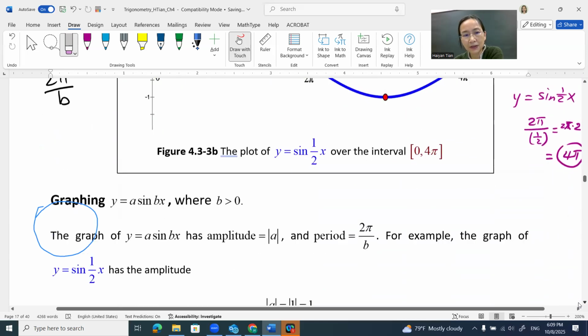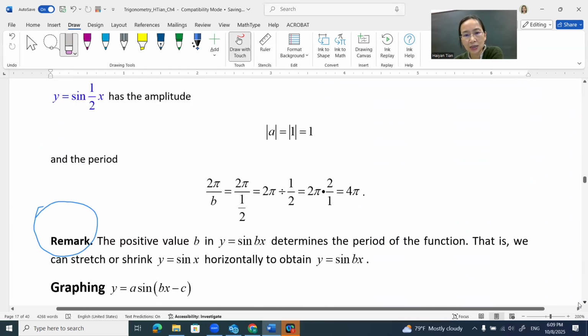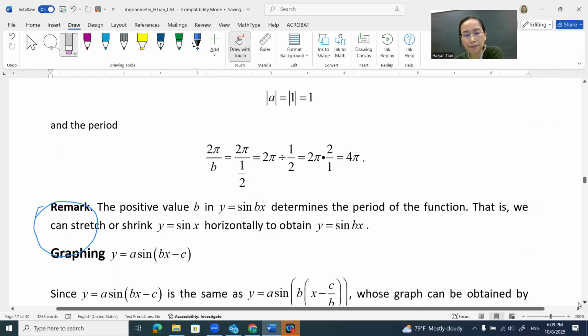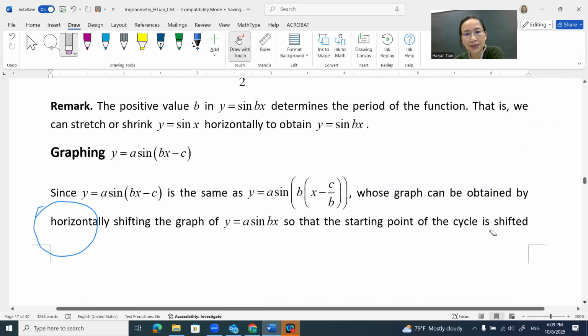And now another variation. In addition to a and b at different spots of the function, we can introduce another parameter, that is c.